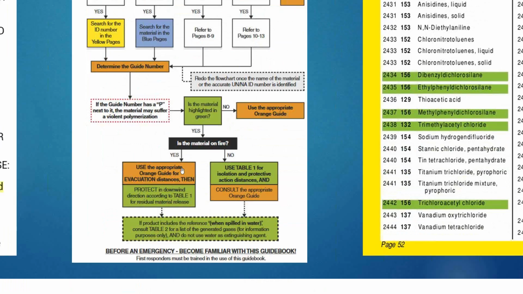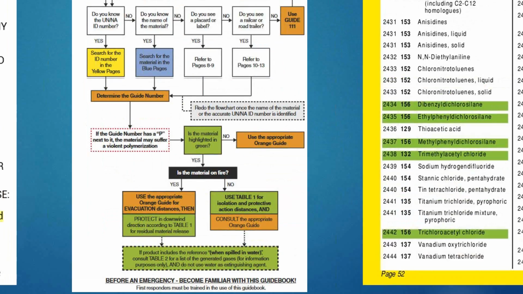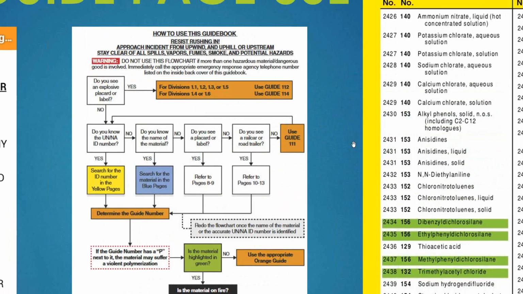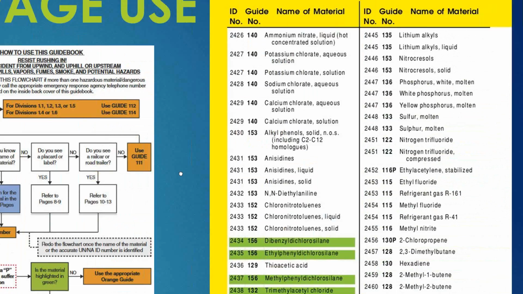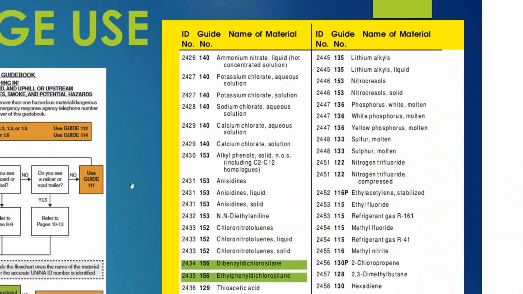give you also the green distance guidelines. So pretty cut and dried. And over here is going to be a sample of what you would find in the yellow pages.